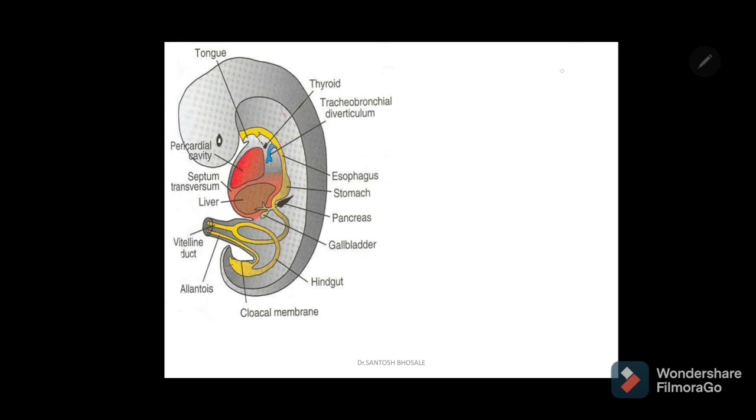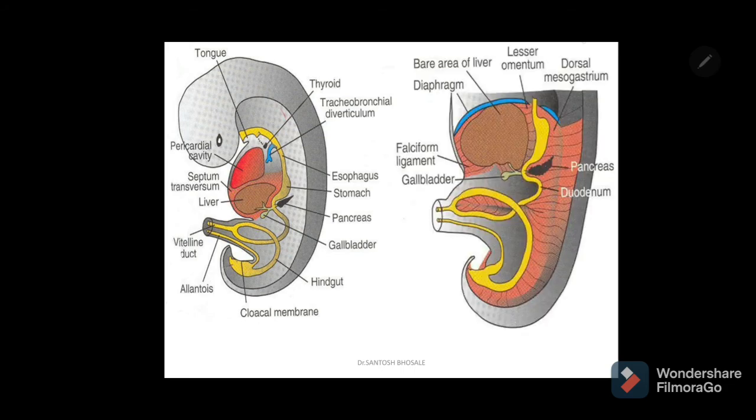Between the liver and foregut it forms the lesser omentum, whereas between the liver and the ventral or anterior abdominal wall it forms the falciform ligament. You can notice the liver growing into the septum transversum, and later it forms these parts, the falciform ligament and lesser omentum. The remainder forms the peritoneum around the liver.